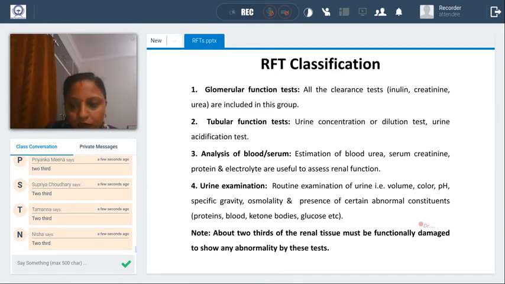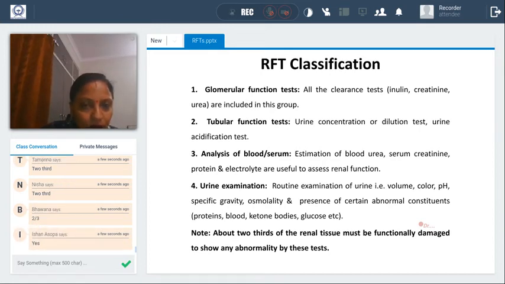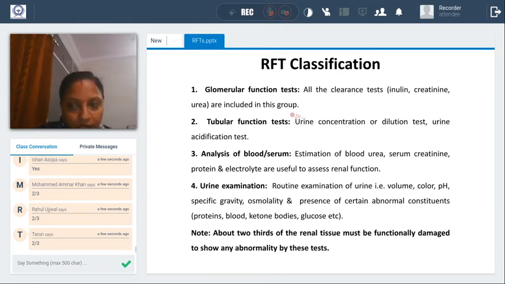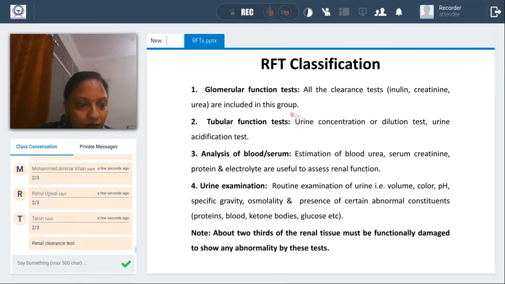Ishan, do you hear me? Rahul Ajwal. Okay. Rahul, write in the box the names of the tests which are included in glomerular function test. Siddharth Paliwal, please write in the box. What are the names of the tests included in glomerular function test?